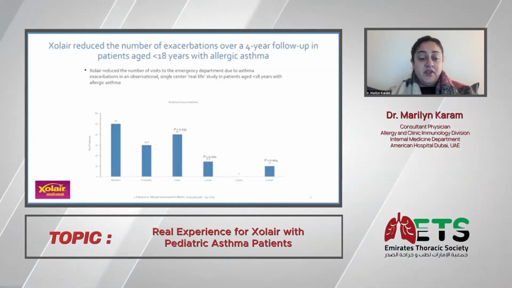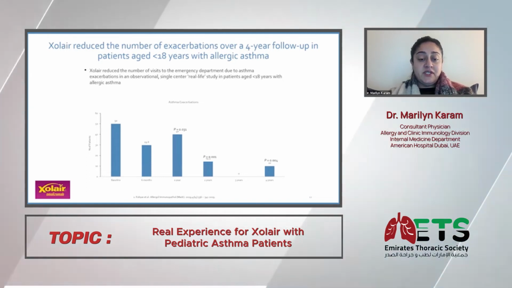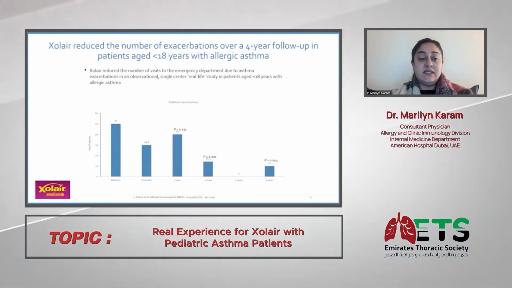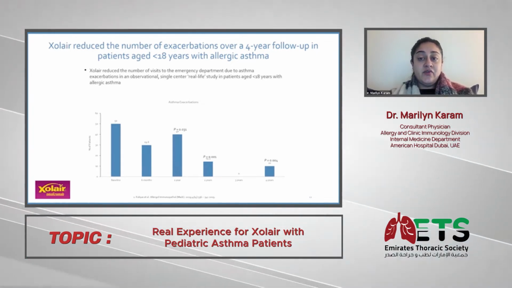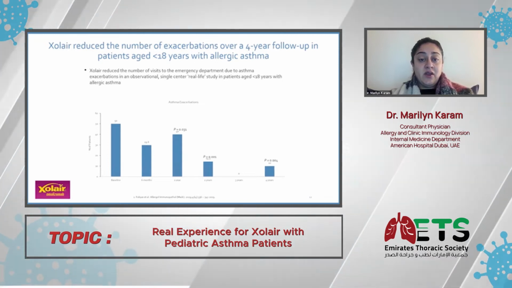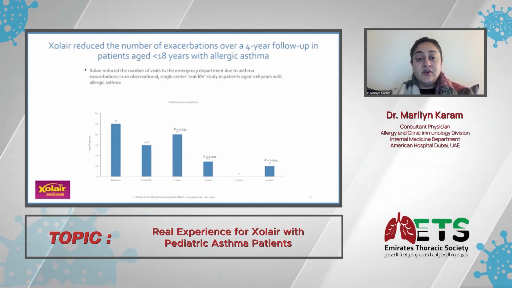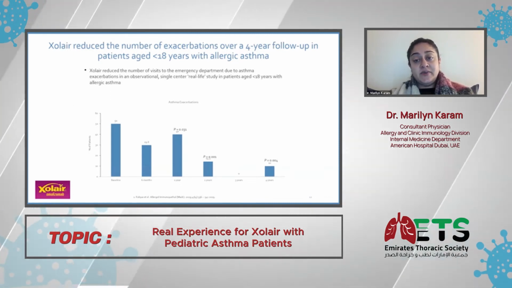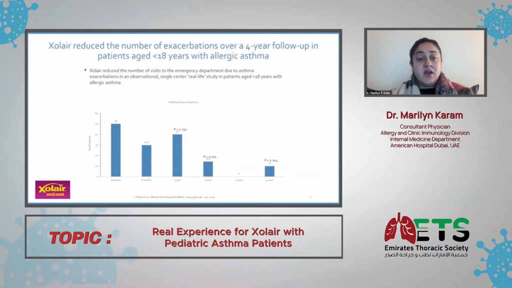In another study, which was published in Allergy and Immunopathology in 2019, this study looked at patients over a 4-year period, and it was a single-center real-life study looking at all pediatric patients less than 18 years.